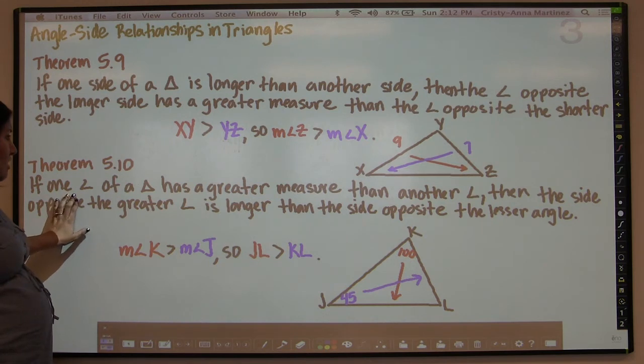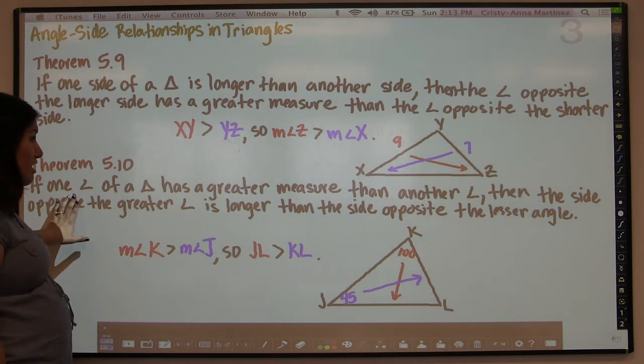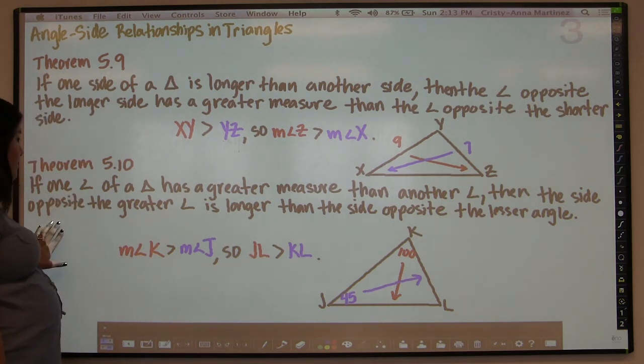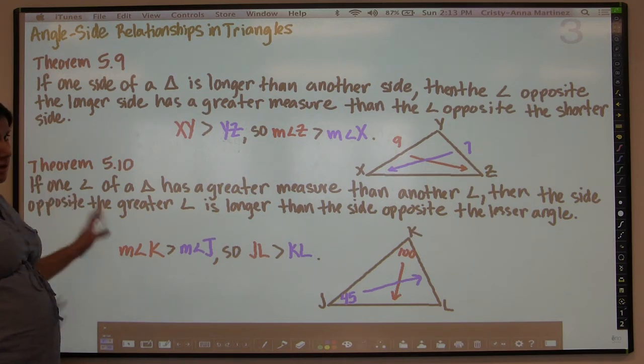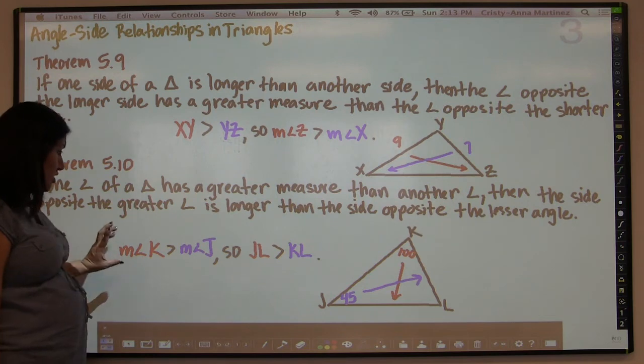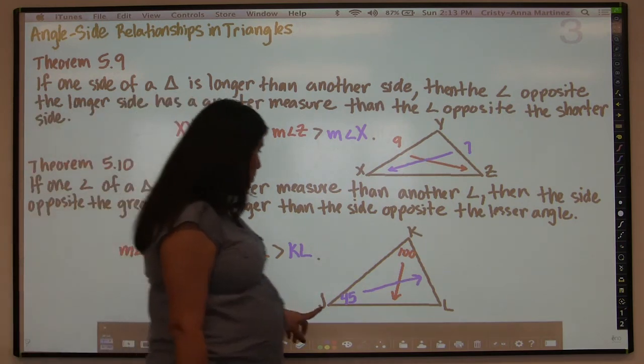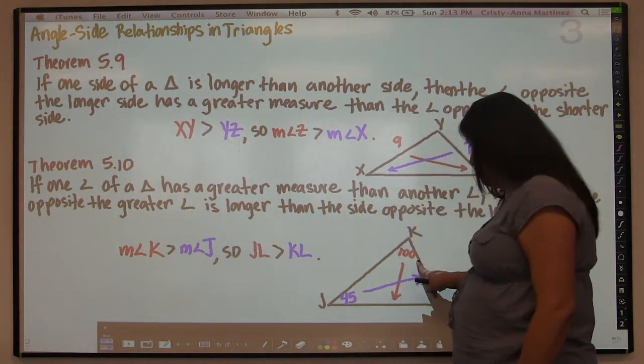So the second theorem is basically the same thing, only it's the converse. If one angle of a triangle has a greater measure than another angle, then the side opposite the greater angle is longer than the side opposite the lesser angle. Again, that might sound really complicated. So basically, if you just look at this, we have here two angles. One's measurement is 45, one measurement is 100.